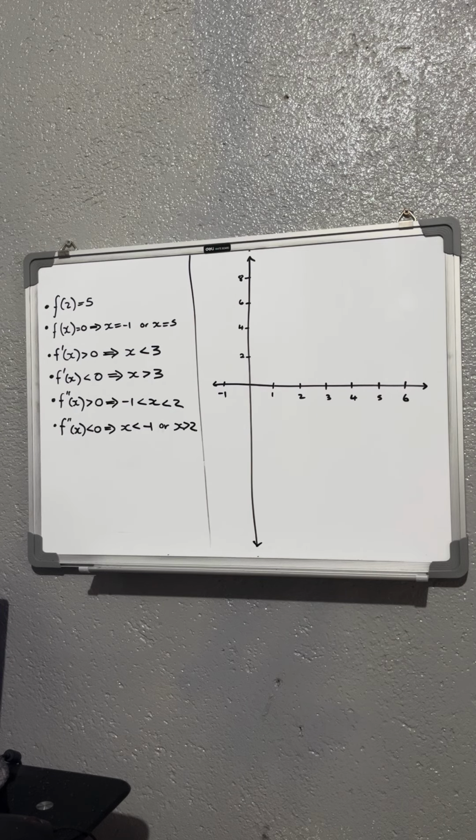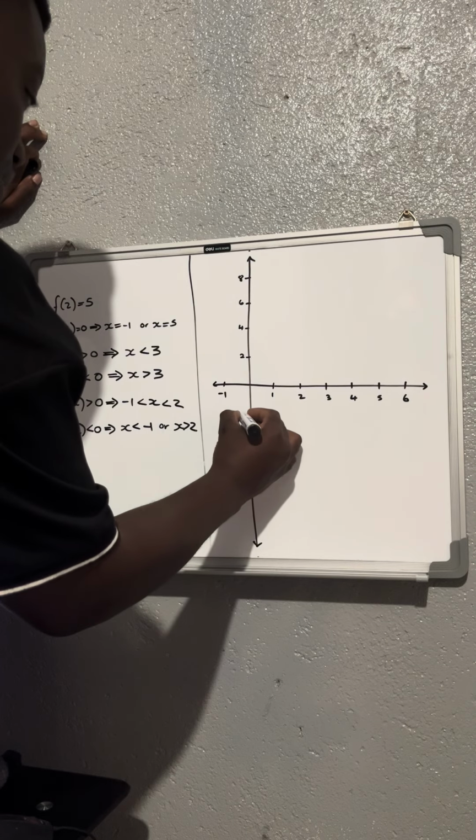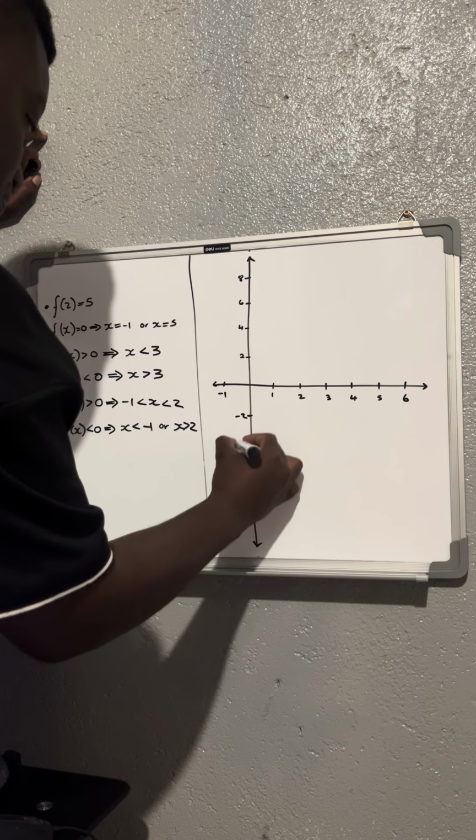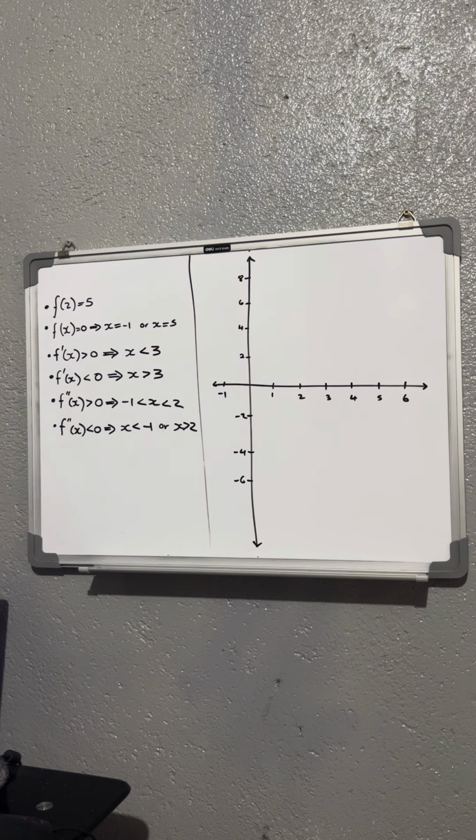We have the list like this, and as usual, I try to analyze the properties first, then draw my Cartesian plane. After drawing my Cartesian plane, I'll come back and continue with my analyzing, starting with the simplest ones and moving to the toughest ones.